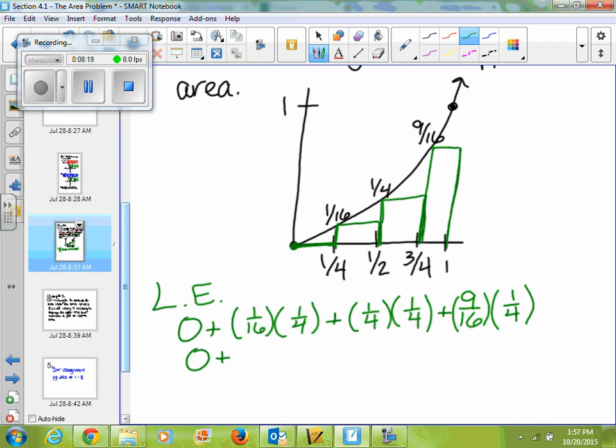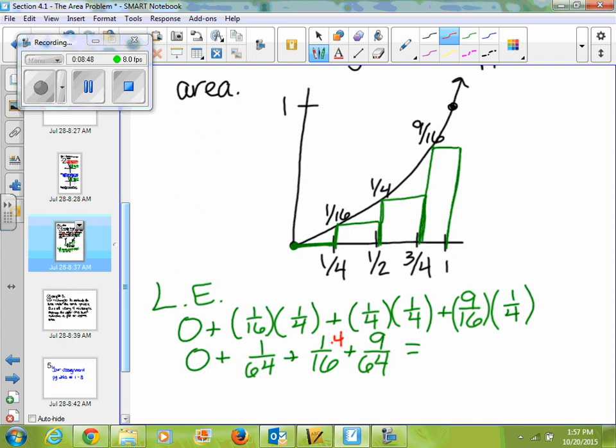Okay, so if I go to find those, 1 times 1 is 1, 16 times 4 is 64. 1 times 1 is 1, 4 times 4 is 16, and 9 times 1 is 9, 16 times 4 is 64. In order to add these fractions, you have to have common denominators.